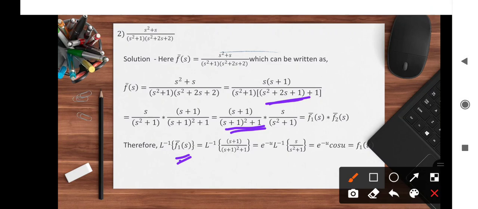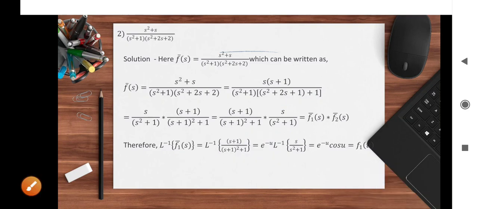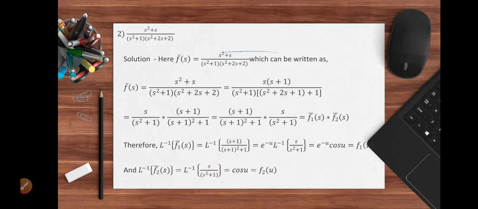So here, applying shifting theorem, we get first e raised to minus u, so that the term becomes simple to L inverse of s upon s square plus 1, and its inverse LT is, as per the standard result, cos u. So this is your first function f1 of u. Now the second function is very similar, cos u, the standard result. So f2 of u is your simple function, cos u.